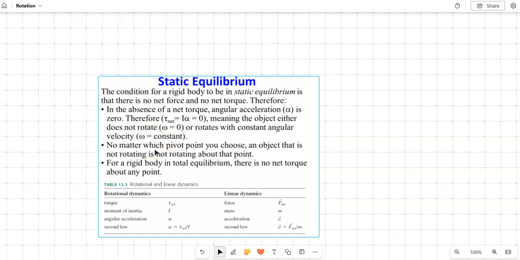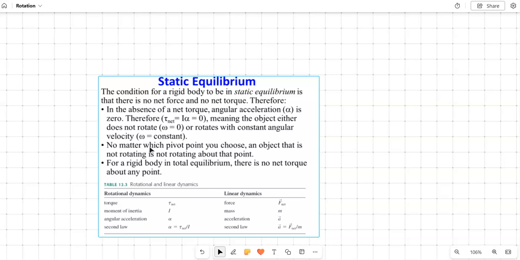Another assumption is that you could choose any point to be your pivot point. Since there's no net torque about any point, no matter which point you choose as your pivot point, the sum of those torques will be equal to 0.